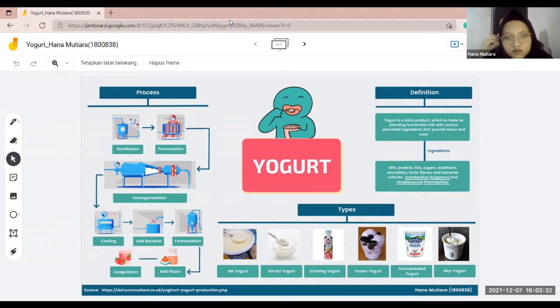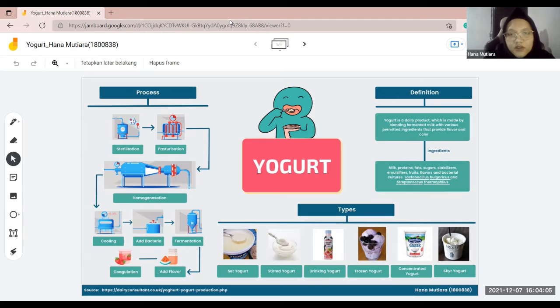And then from Vina, right? Vina asked about the fat content. So why must the fat content be standardized? The fat content must be standardized because it is really important, as it will influence the characteristics of yogurt.